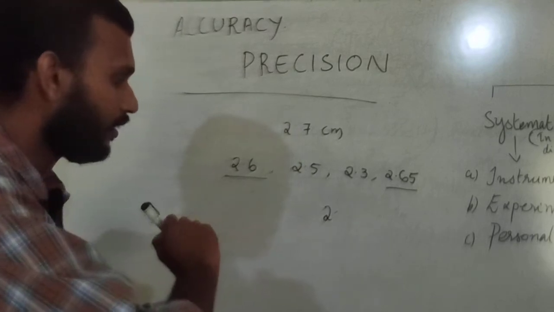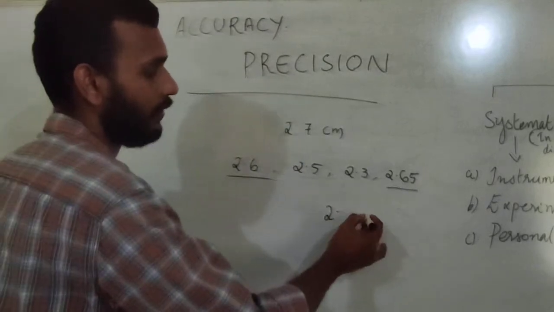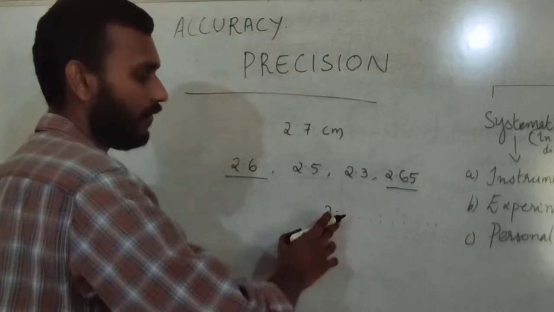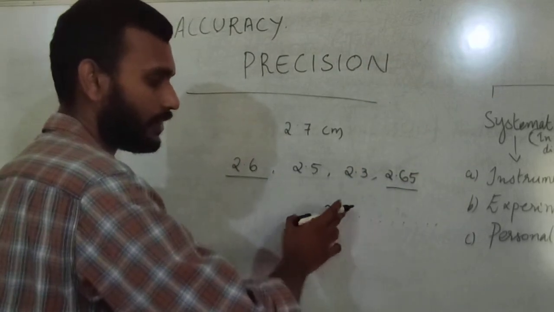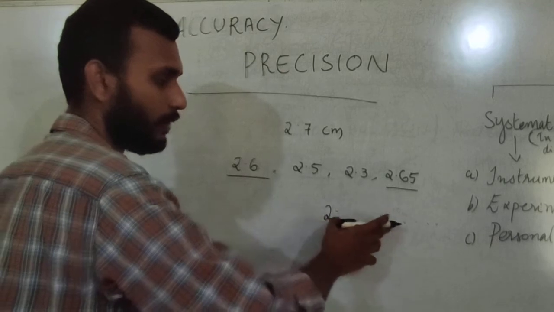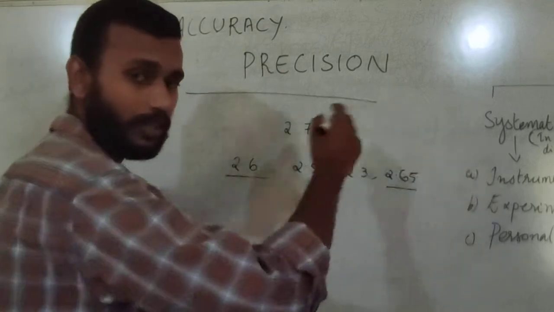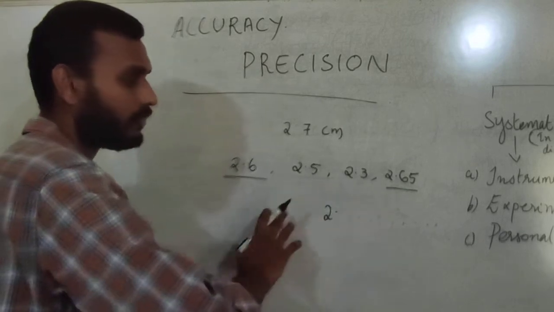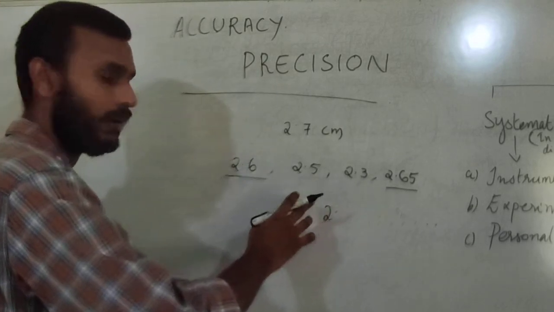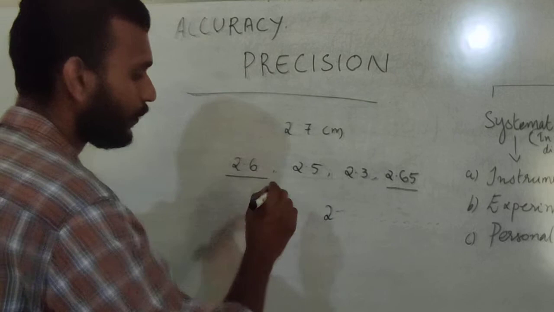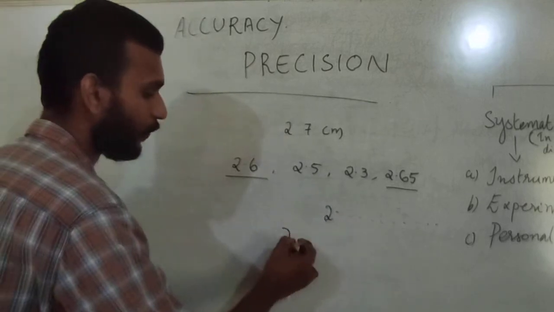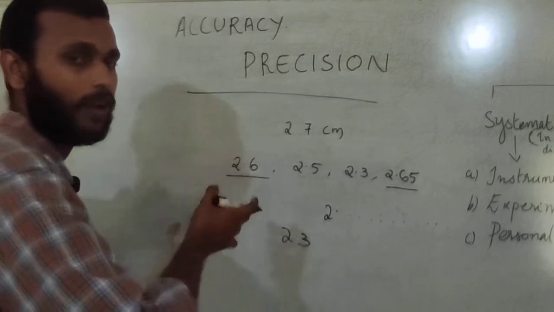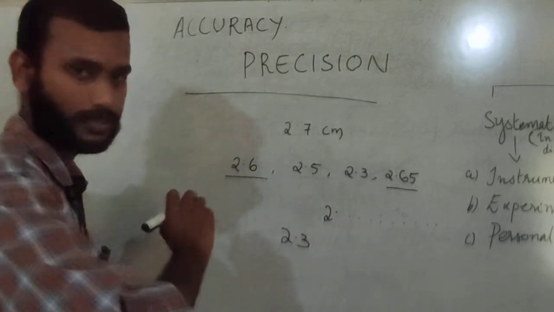Suppose there are many decimal digits, like 33333. Just assume that if you measure the length of this material with a centimeter scale, you can only obtain up to 2.3. The later digits cannot be measured with a centimeter scale.